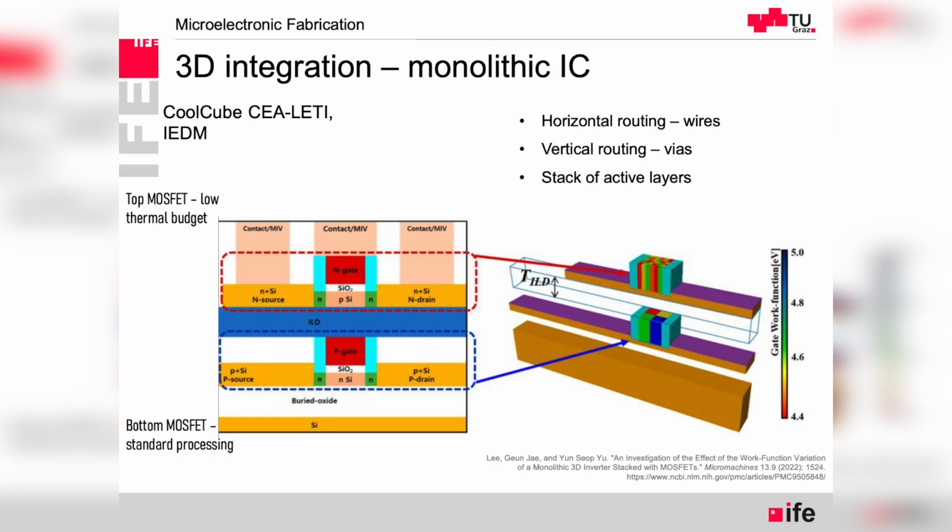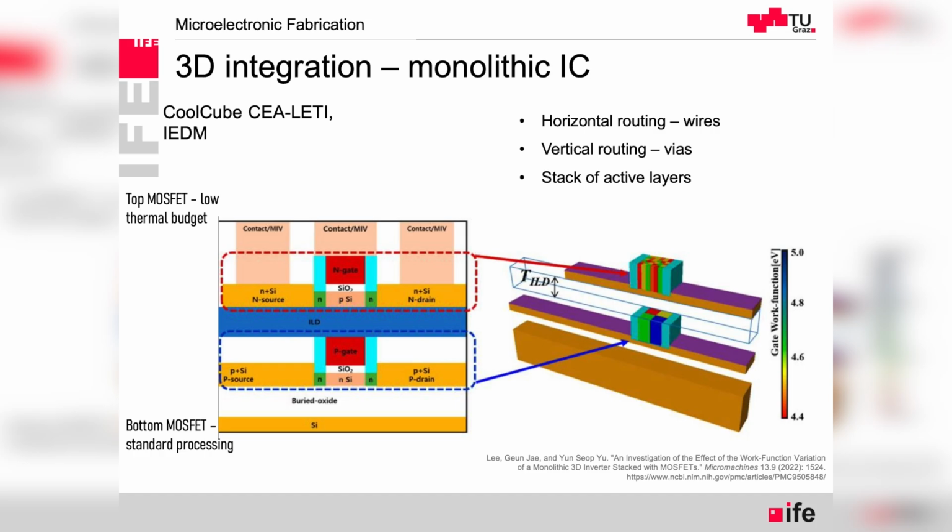For some reason, I'm starting here from the back. The 3D integration inside the monolithic. There is the project CoolCube CEA-Leti, as well as 3D CMOS IEDM, where what we can see is that on the same silicon die substrate, we have first the P-channel transistor, and on top of that the N-channel transistor. I don't know if there are technologies that invert the order.